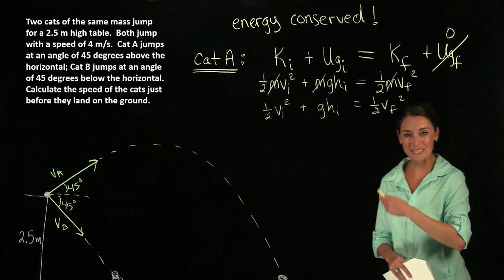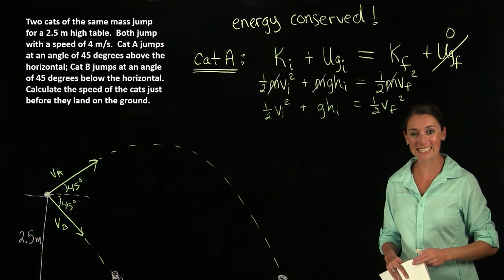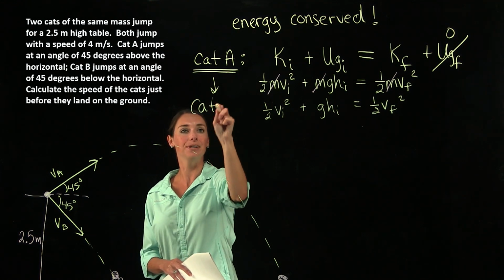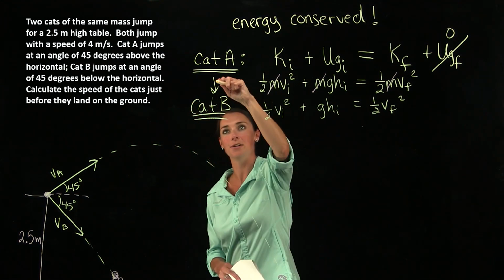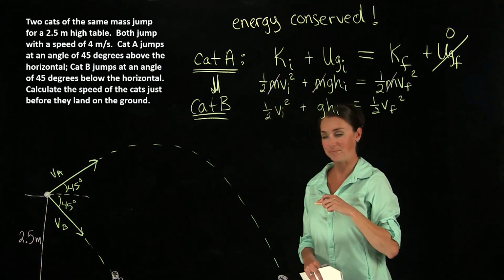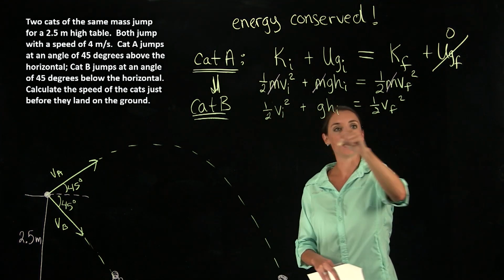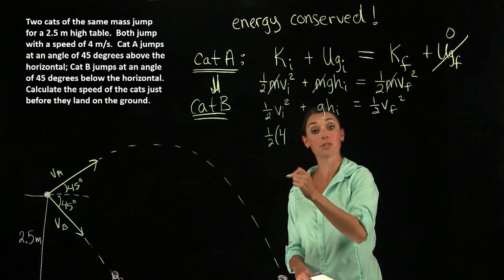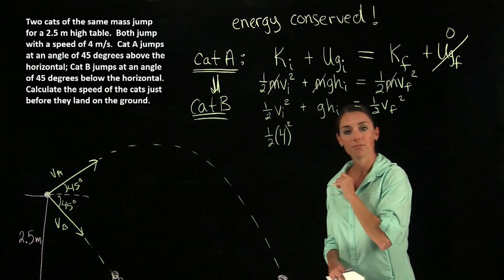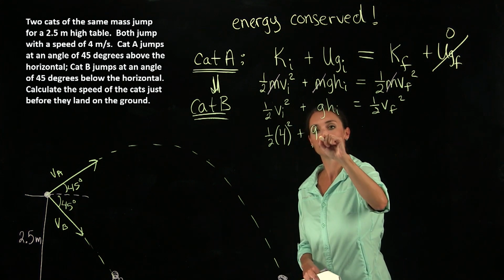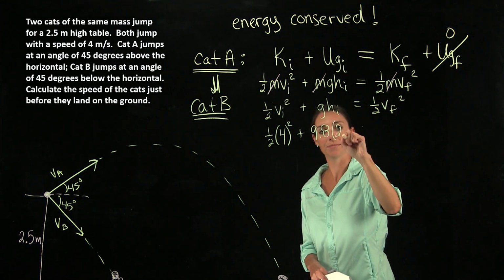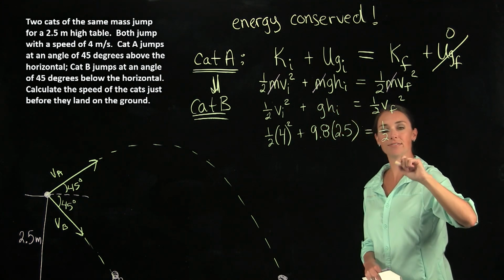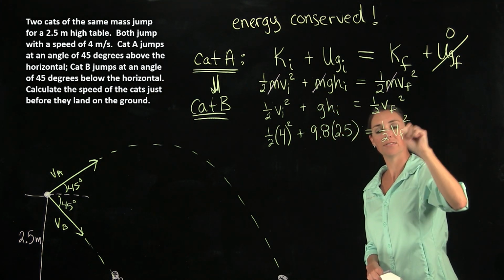All right, let's start putting some numbers in here and figure out how fast these cats are moving. We've decided already that cat A is going to be the same as cat B. They are equal to each other. So looking at our numbers here, we've got 1/2 initial speed for kinetic energy, 4 squared, plus 9.8 times 2.5 equals 1/2 vf squared.